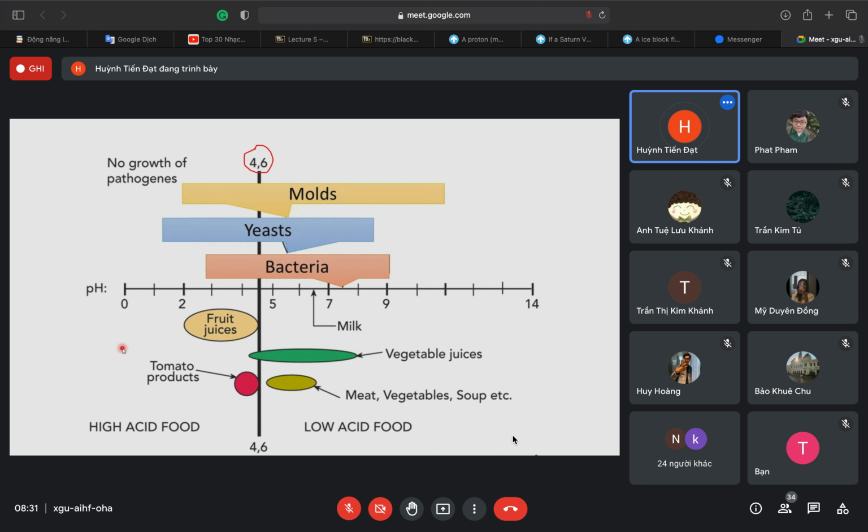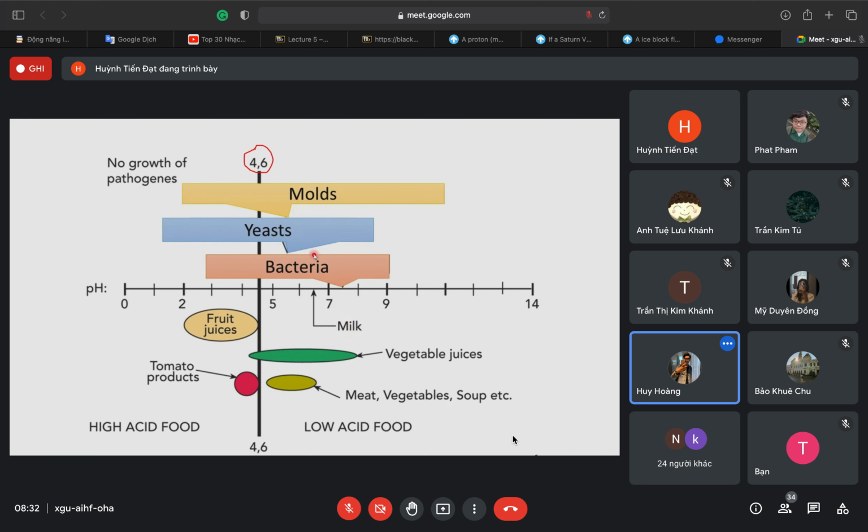Any idea? I think it's subject to all 3 groups. Yeah, all 3 groups. And do you think the role of the bacteria, yeast, and mold is optimum in the milk environment? Yes or no?